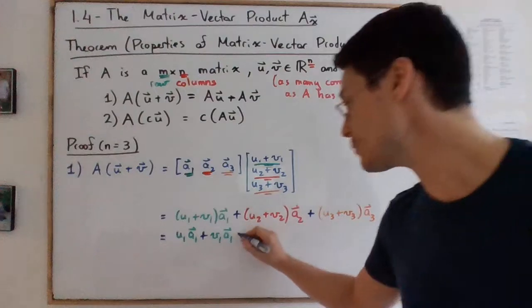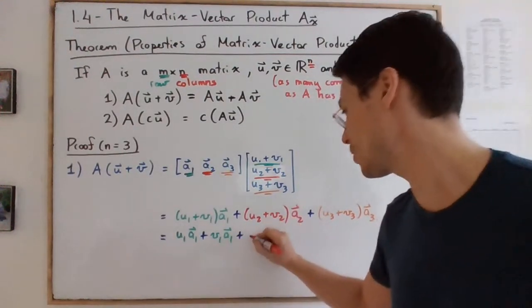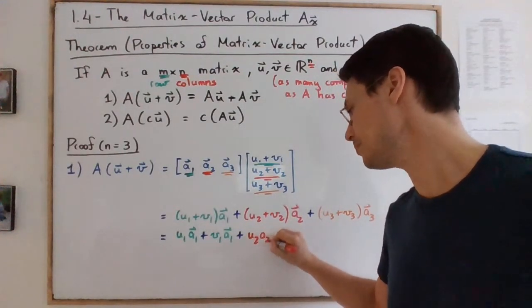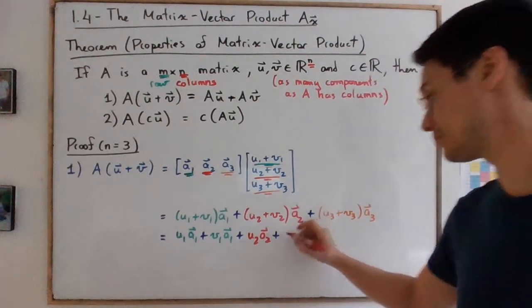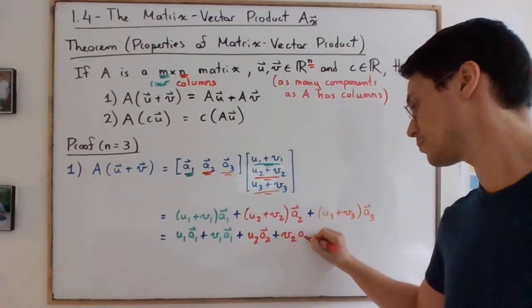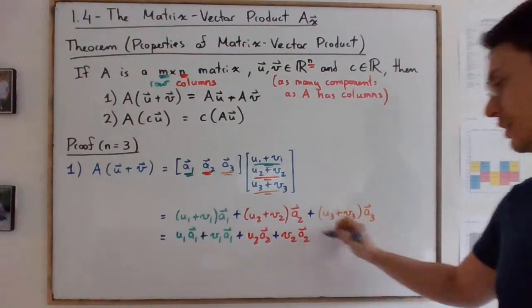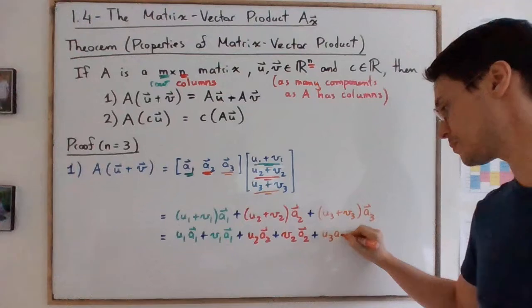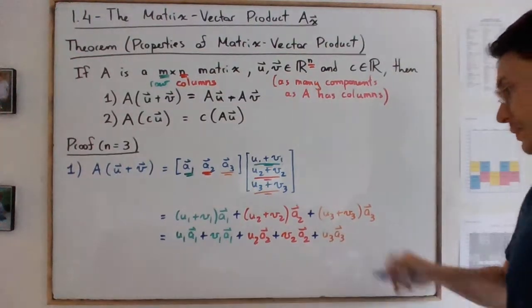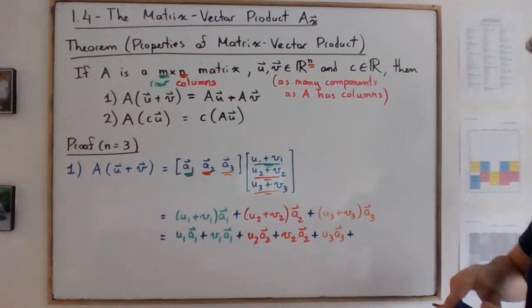And then we do the same with all the other ones: u2 a2 plus v2 a2, and finally u3 a3 plus v3 a3.